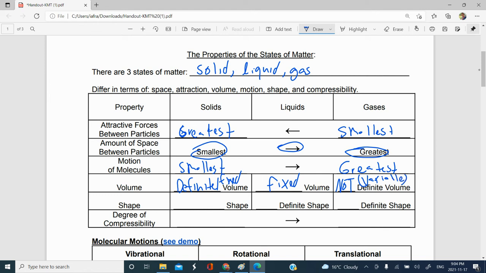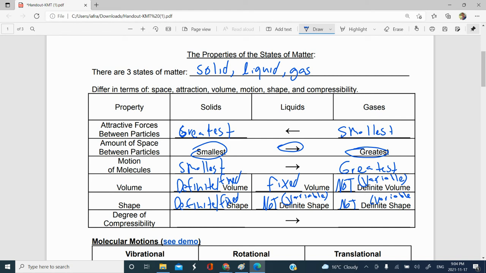In terms of shape, the solids have a definite or fixed shape. They maintain the same shape regardless of their container. Liquids, they actually don't have a definite shape. It's a variable shape. And then same thing with gases. It's not a definite shape. It is a variable shape.